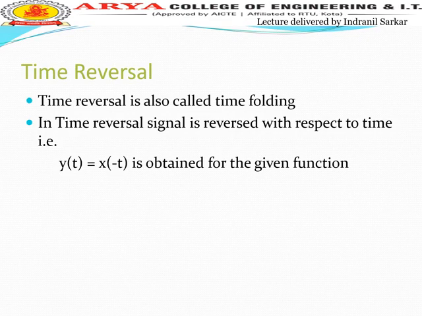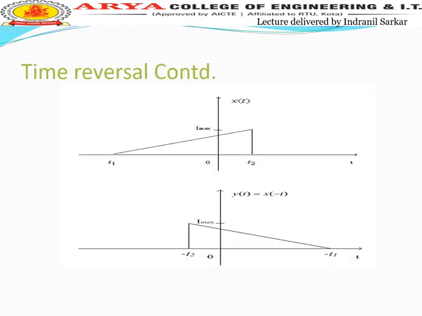Time reversal. Time reversal is also called time folding. In time reversal, the signal is reversed with respect to time. That is, y(t) is equal to x(-t) is obtained for the given function. That means if the signal is x(t), for the time reversal the signal becomes x(-t). Here the signal x(t) is represented from t1 to t2.